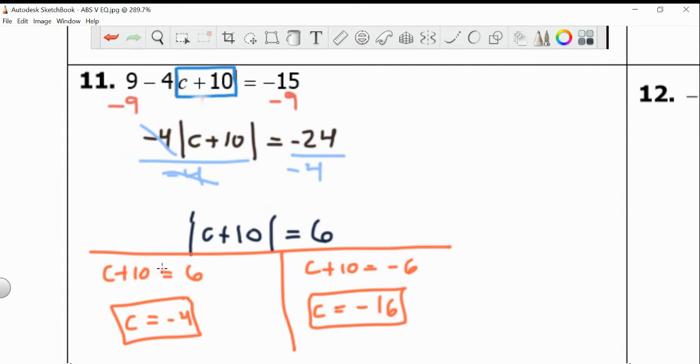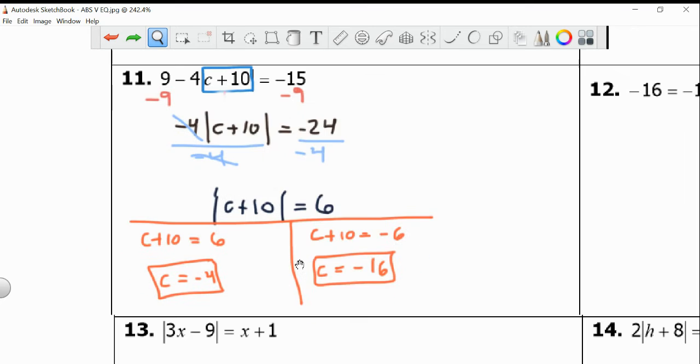Is everybody comfortable with how you get these two cases, right? I mean, you're just taking the inside equals +6, and then you take the inside equals -6. Because the absolute value of a positive number would be 6, or the absolute value of a negative number would also be 6. So that's how you do it.